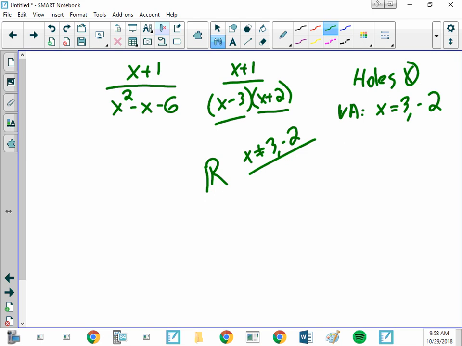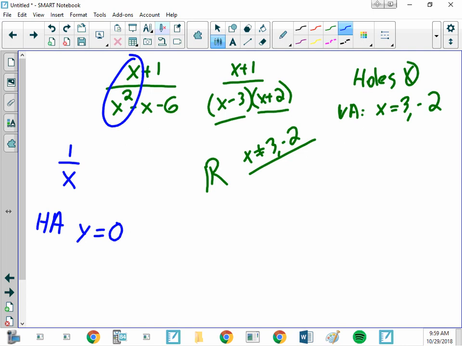Does it have a horizontal asymptote? Yes. Where? At 0. Why? I divide these. What is x divided by x squared? 1 over x. And what happens when you plug big numbers into x? You get small numbers for your y. Okay? So this has an HA at y equals 0.